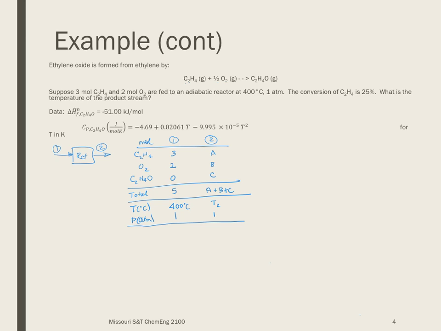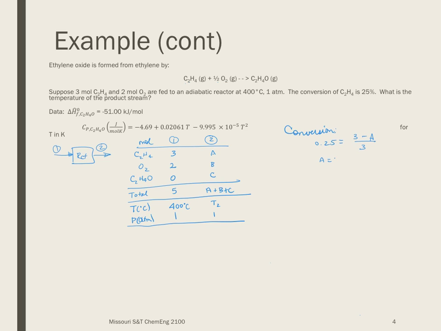So now let's look at the conversion. Okay, in this case, the conversion is 25%. 3 moles of C2H4 come in, and A moles come out. Divide that by 3. This is the definition of conversion.